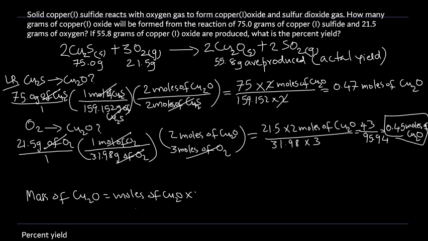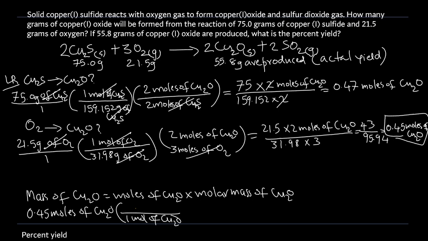So that equals, now we can say that 0.45 moles of copper 1 oxide, in 1 mole of copper 1 oxide we have 143.09 grams of copper 1 oxide, that equals 64.39 grams of copper 1 oxide.